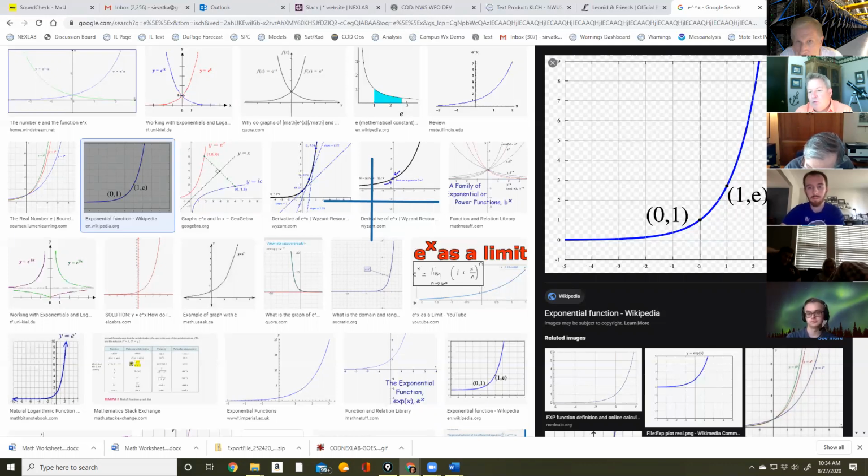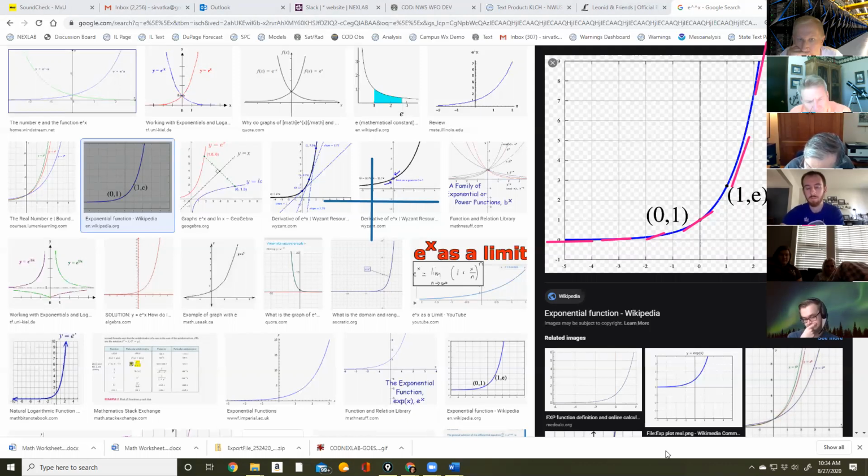So the question is, what is the slope doing? Well, way down low, the slope is near 0. And then as we get closer, it becomes 1 when x is 0, and then the slope grows exponentially big.